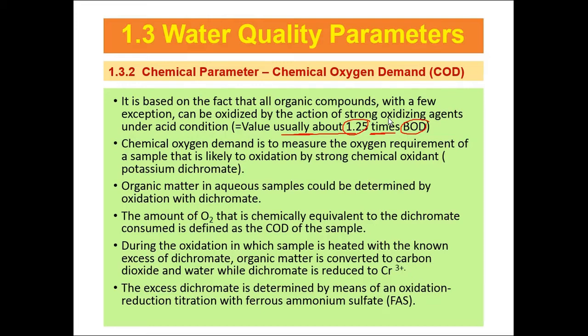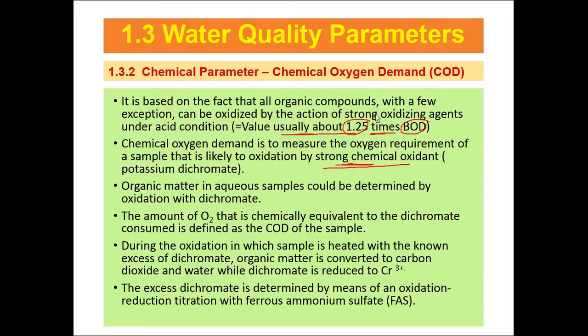When you get the BOD value, you can estimate the COD by multiplying with the BOD. But this way you cannot use for the analysis data. So what is the COD? COD is a similar measure, but this one oxidizes using a strong chemical oxidant.